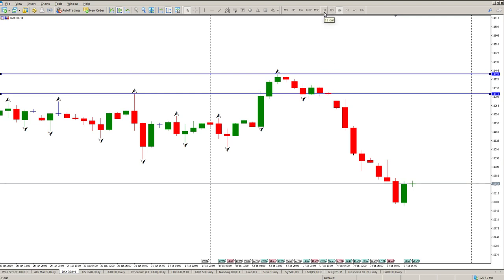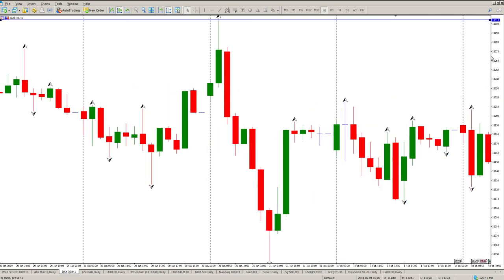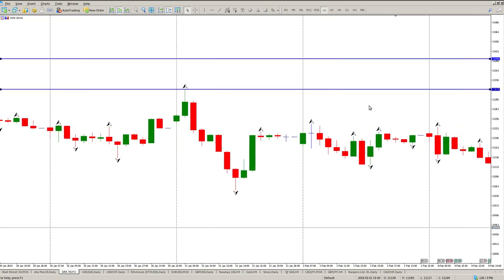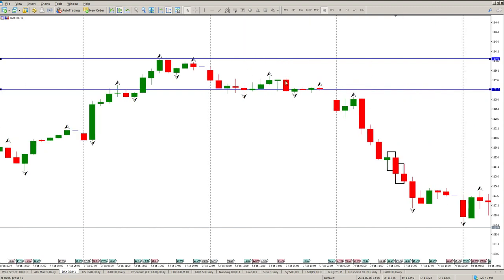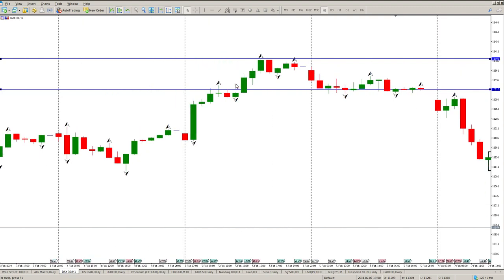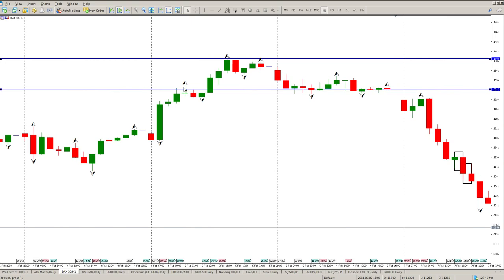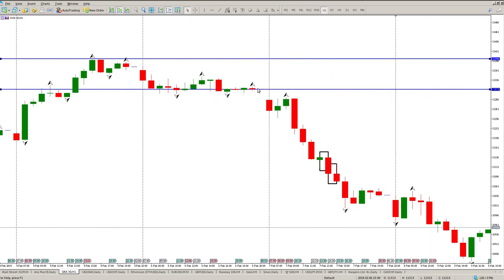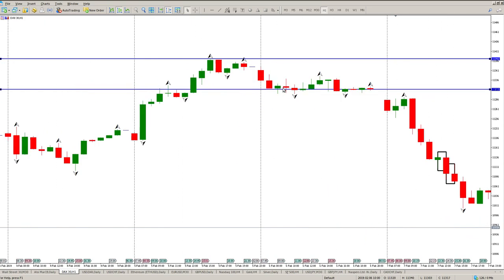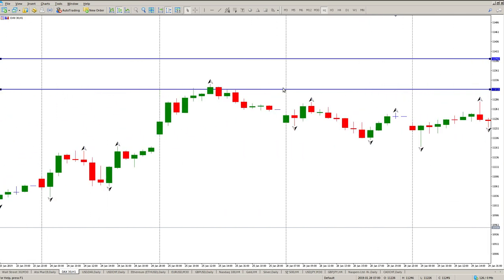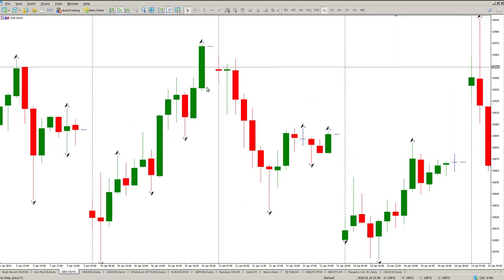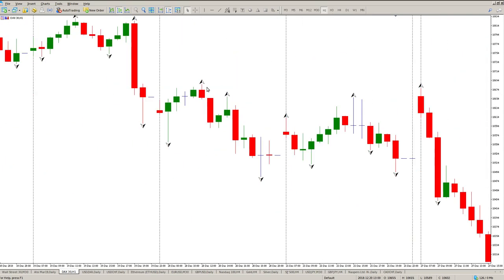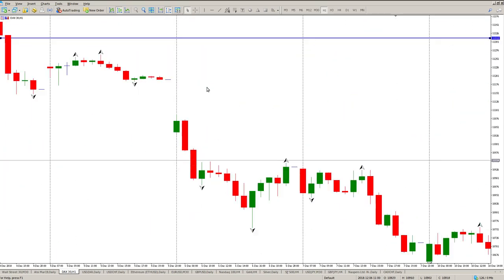So let's just go down to the hour and look to the left. So that was within the 4-hour. You can see it's a range. You can see how price used it as support, bounced off it. We gapped down. We didn't quite get back up to it. But I can scroll to the left and you'll see there's a lot of interaction with those two levels. Let me just scroll.